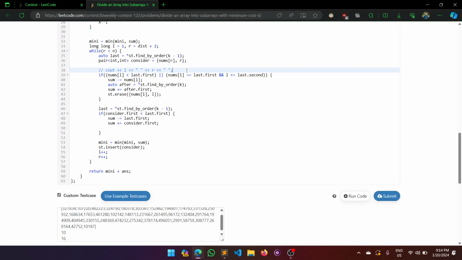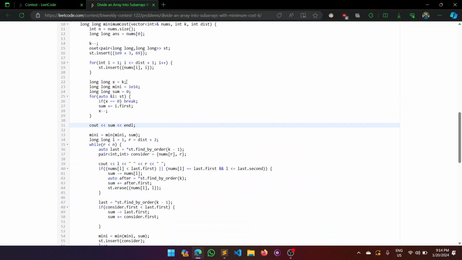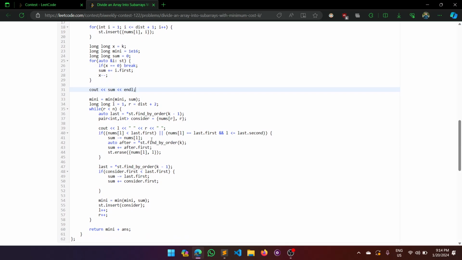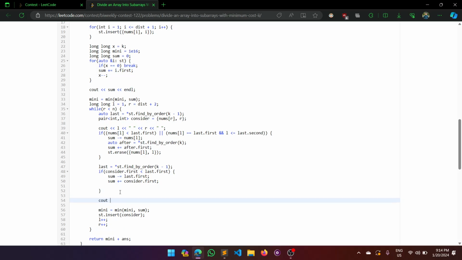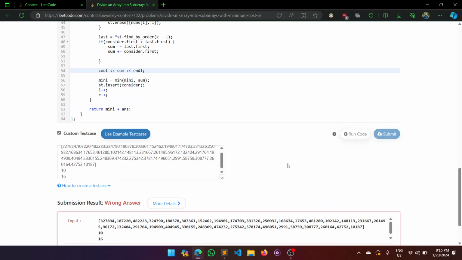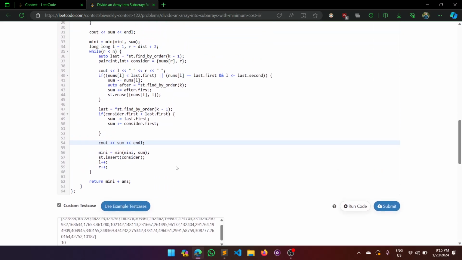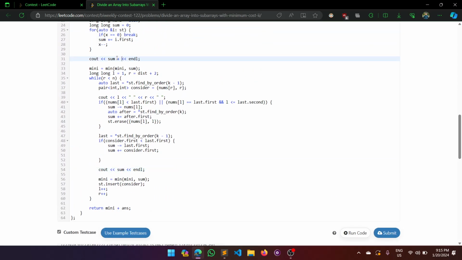Let's try to print things. Let's print it with the nums of 0 as well, so we get the complete answer.